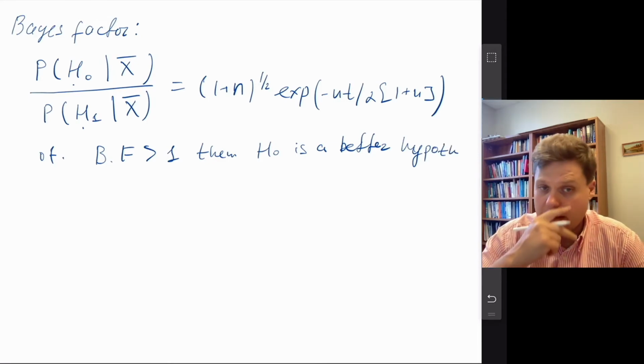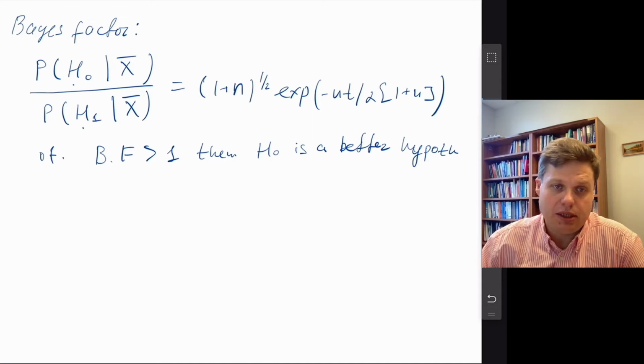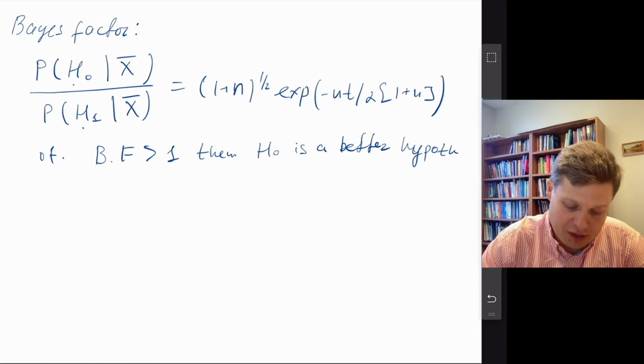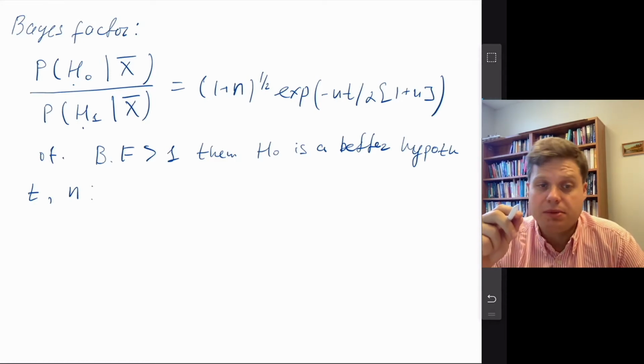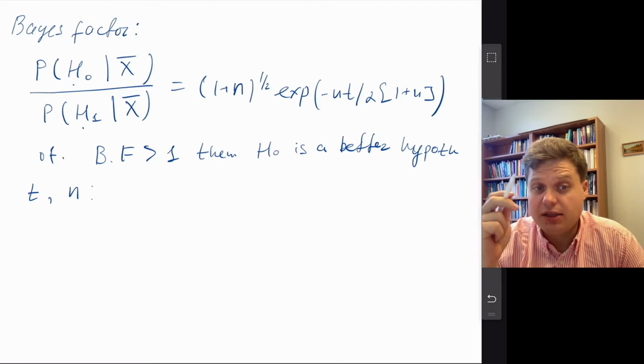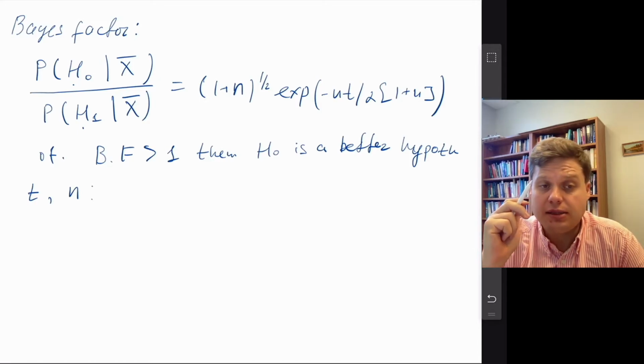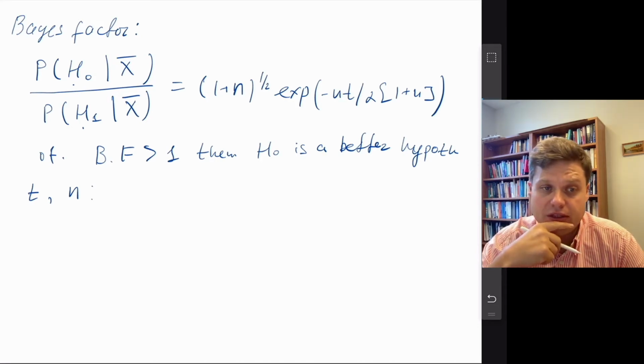And the Lindley paradox is that for certain values of t and n, you will find that under the frequentist approach you would reject the null hypothesis, and under the Bayesian approach it will be vice versa. You will find that the Bayes factor shows that the null hypothesis is much more favored. It's a better explanation of the data set.